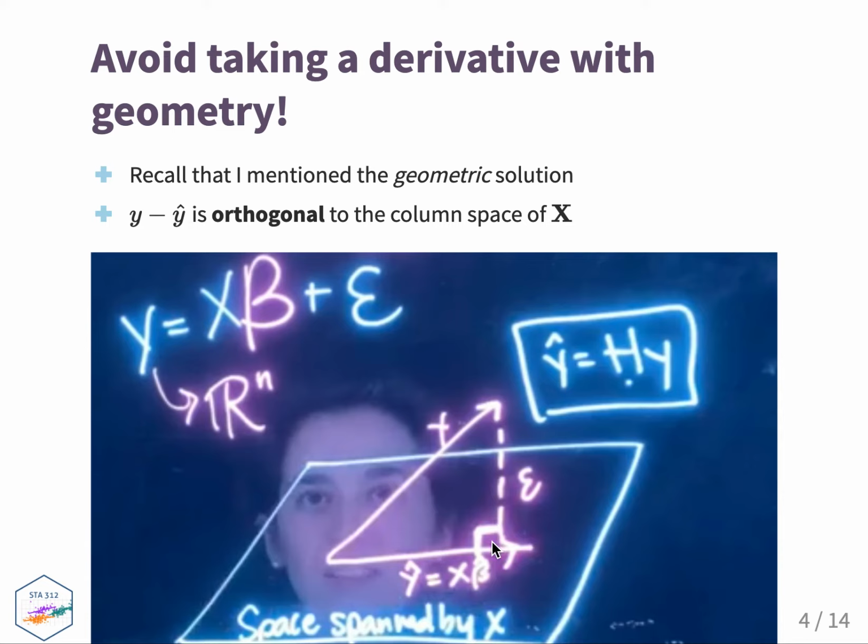The way we do that is by finding the vector that's perpendicular to this error term, or this y minus y hat. So we can use some geometric facts to determine what this beta hat is going to be, given that I want my y minus y hat to be perpendicular to this x space.